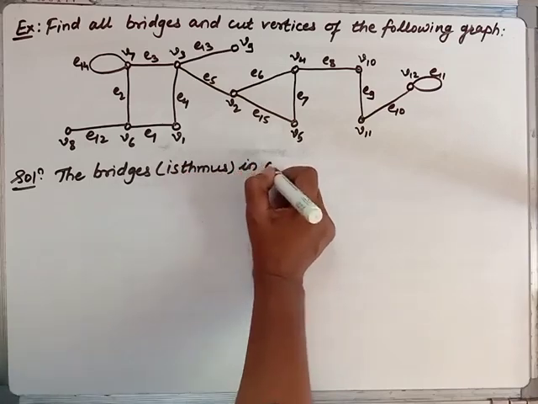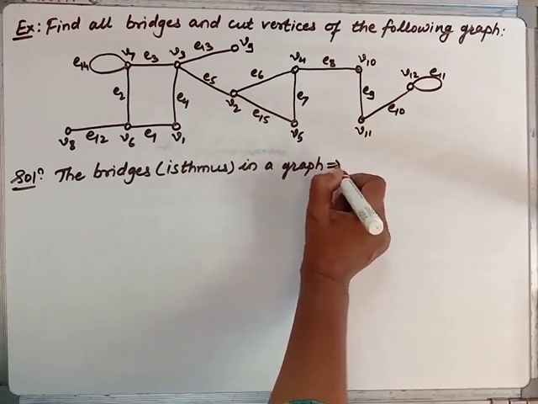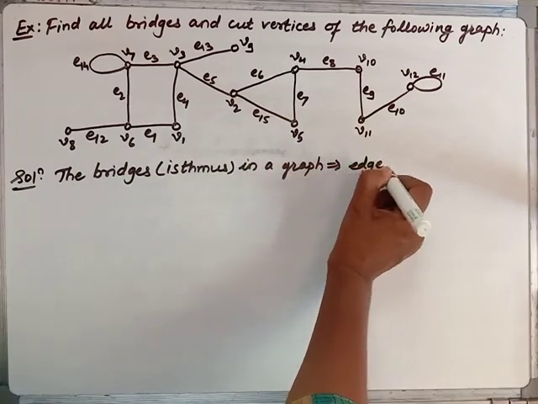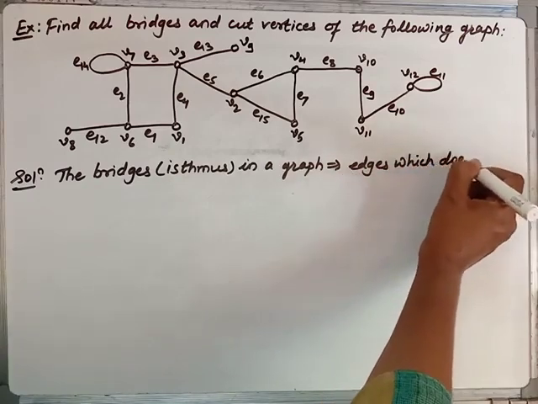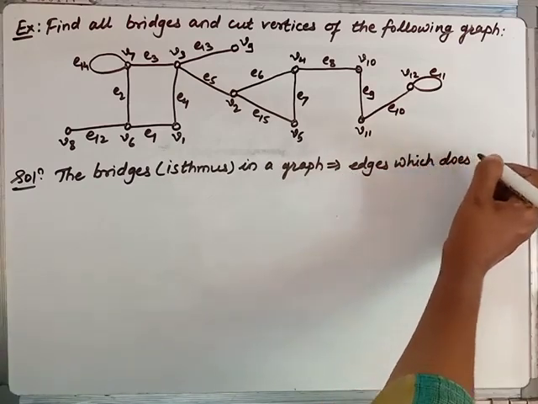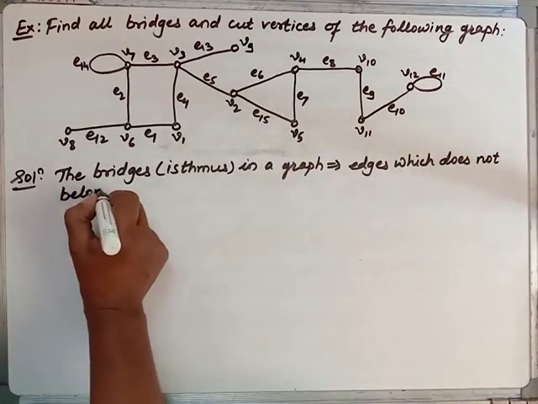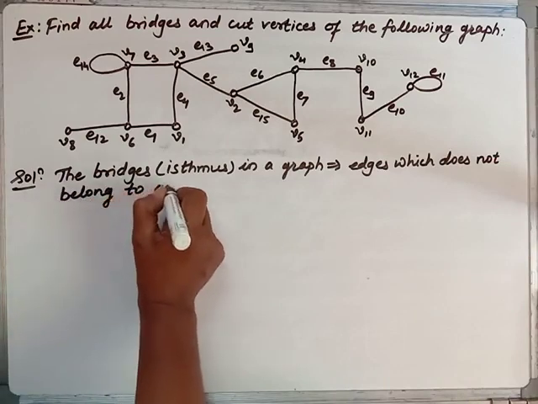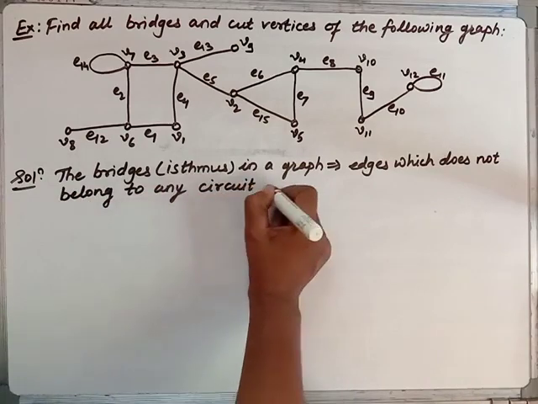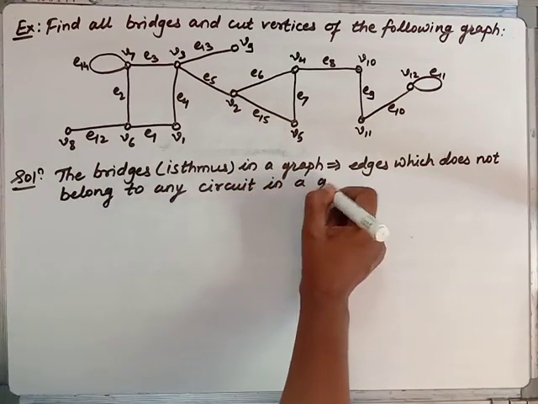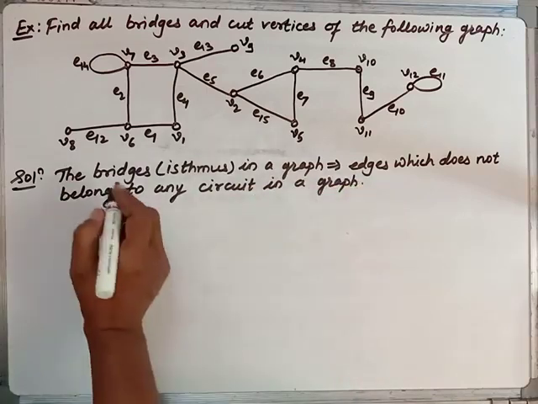In a graph, they are edges which do not belong to any circuit. Bridges are the edges that do not belong to any circuit of a graph.